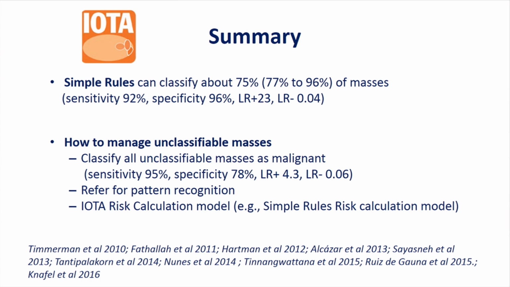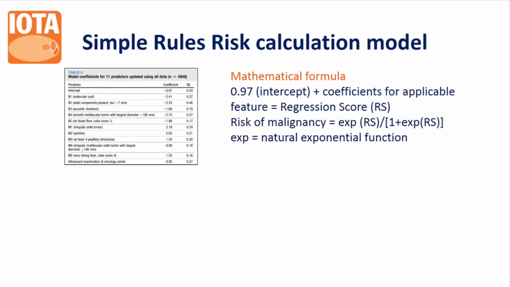Another solution is to refer the patient to a very experienced ultrasound examiner who will then use pattern recognition to classify the mass. And a third solution could be to apply, for example, an IOTA risk calculation model, for example, the simple rules risk calculation model.